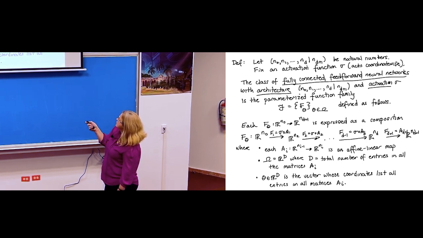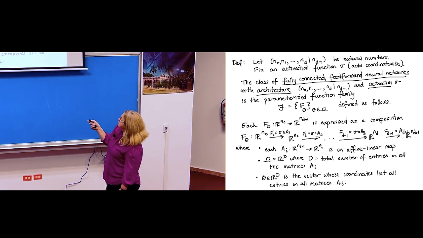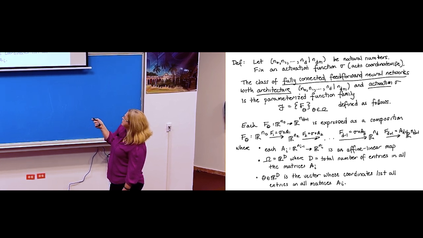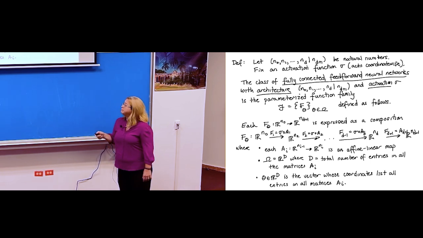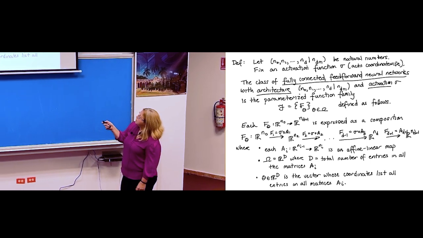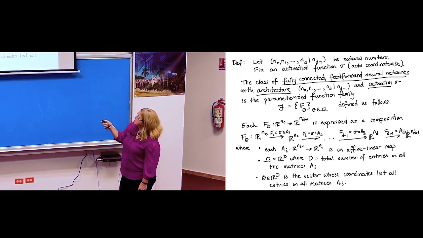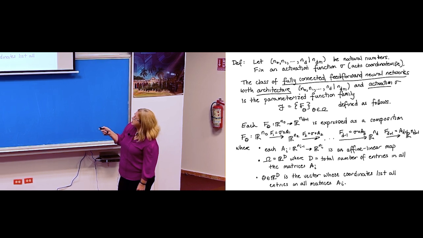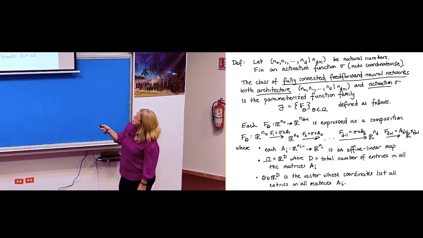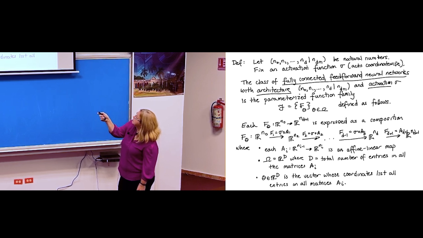Each function is specified by a parameter that lives in some parameter space. And the key thing that makes this deep learning is the restriction on what these functions can be. Each of these functions is a function from R^n0, the first number in your list, which is called the architecture, to the final number in this list.